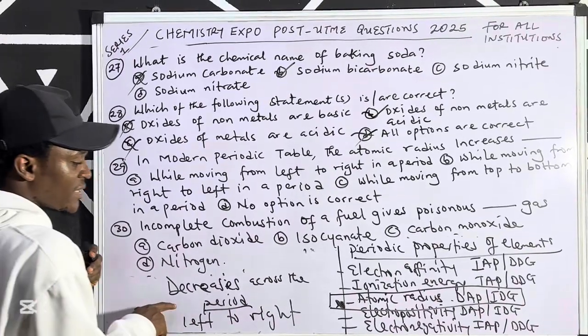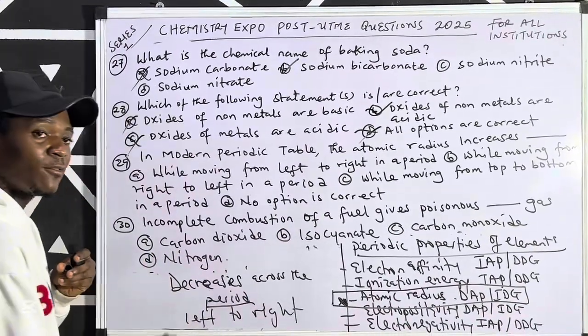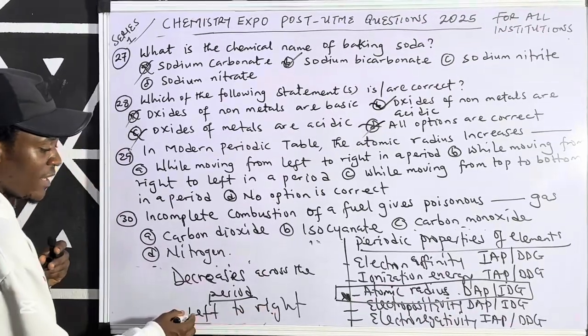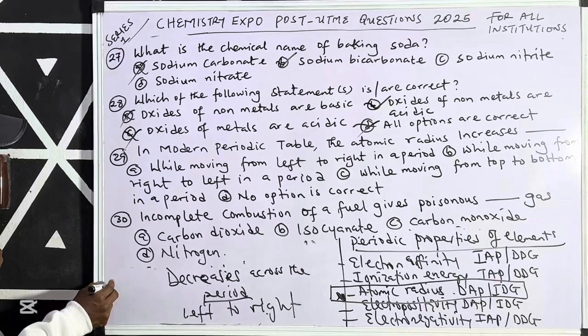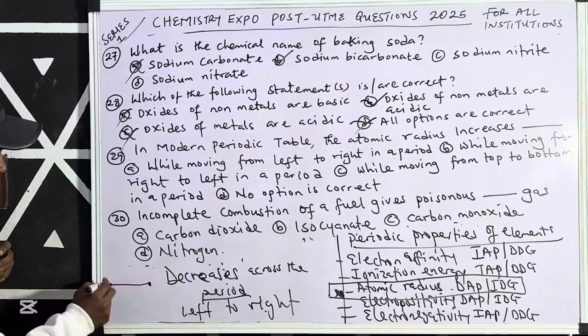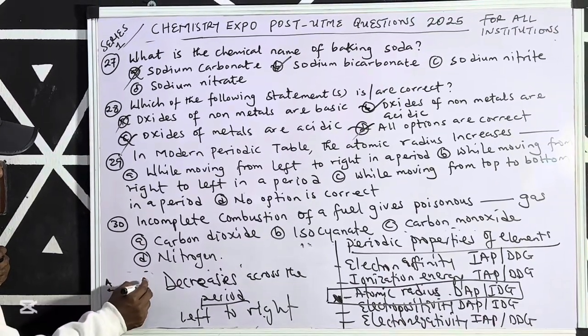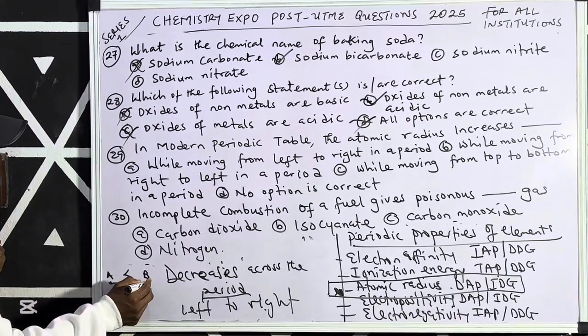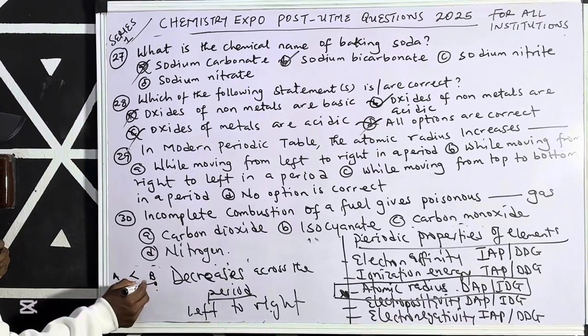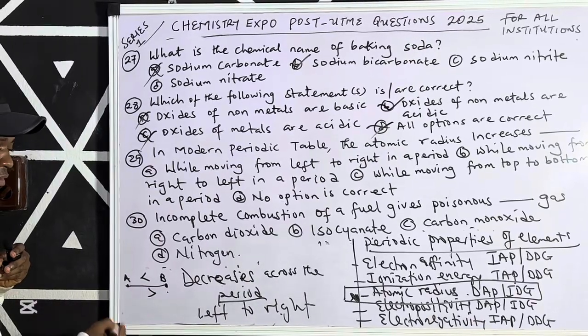So if it decreases from left to right, then if you are now moving from right to left, it should be increasing. Because if something decreases from point A to point B, then coming from point B to point A, there should be an increase. You understand the point?